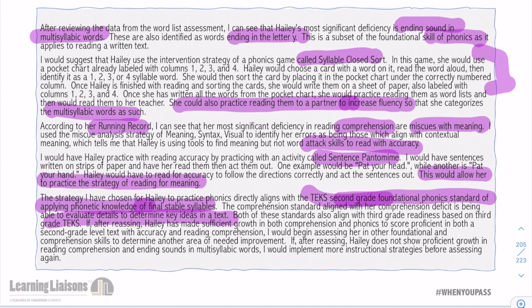And then we talk about here explaining why we're going to do what we're going to do, and then also if it works, after reassessing her, we're going to find another area of needed improvement. If it doesn't work, then we are going to implement more instructional strategies. All right, so everything was hit, and we can definitely say this was thorough.